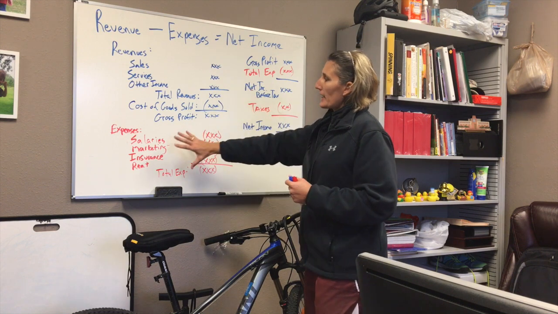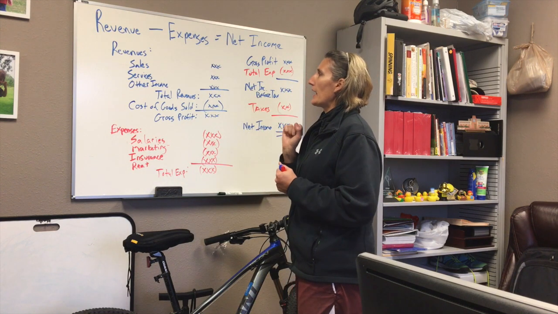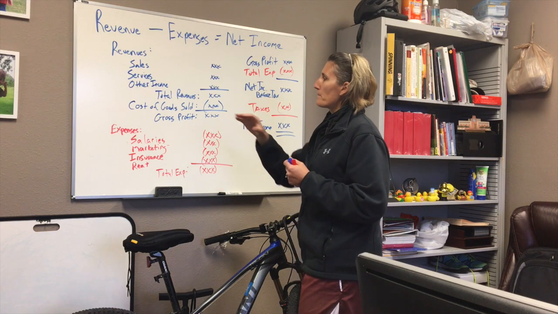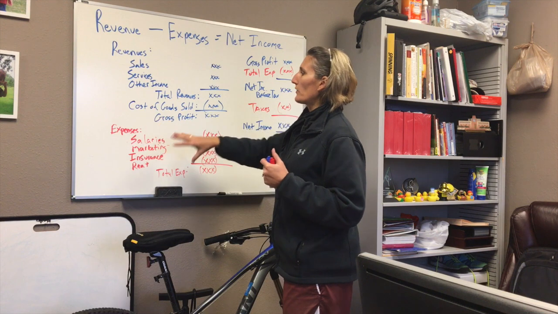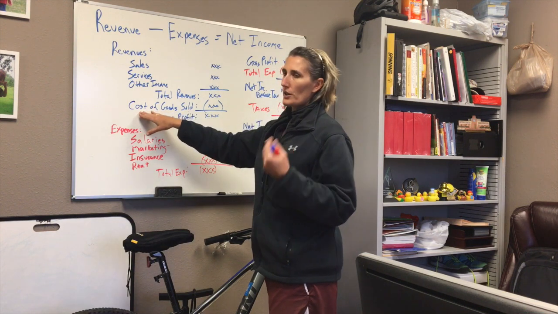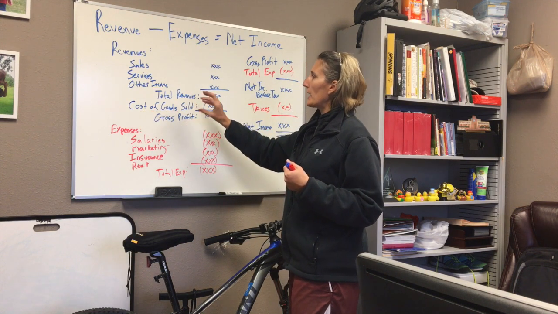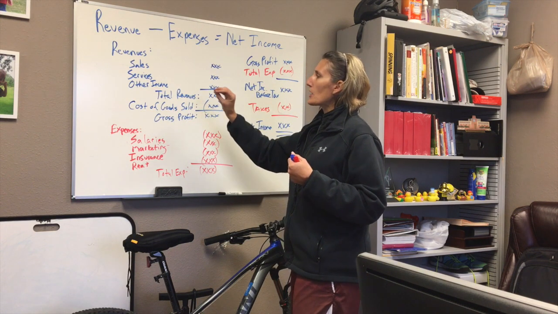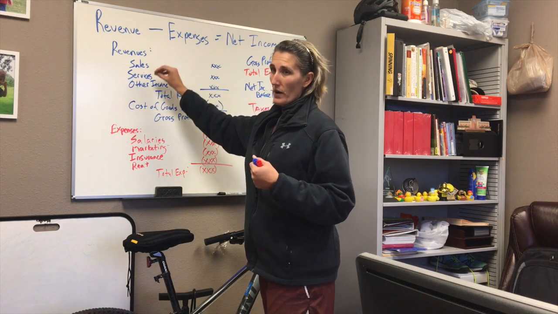Now, before we jump down to the red, there is a cost. It's called cost of goods sold. And before you start throwing in all of what we normally think of as expenses, you have to figure out what your cost of goods sold is. Now, the cost of goods sold is any cost that is associated with creating your revenue.